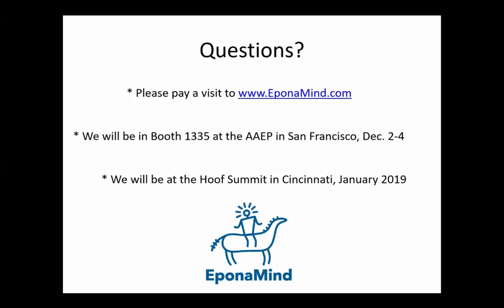Question from Scottsdale, Arizona. What are the benefits of using the system in laminitic cases? Well, in my experience, they're typically rotated and very high on the heel. Once you're past the acute phase, we try to lower the heel and get the palmar angle back into a normal range.